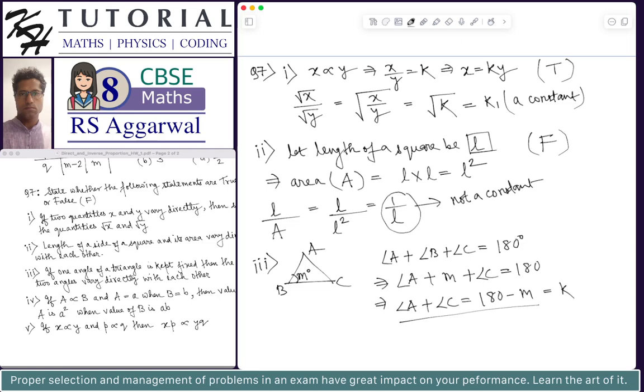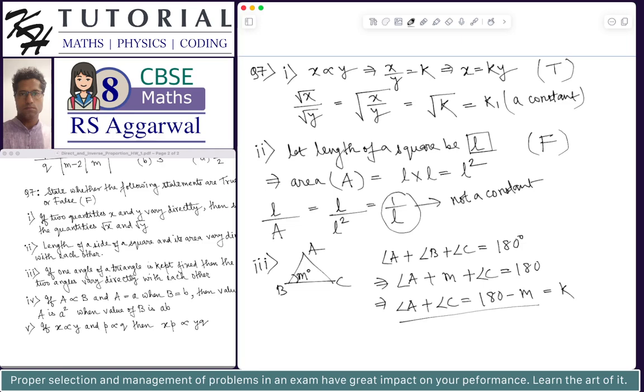Since 180 is a constant and m is also a constant, because in the given problem one angle is fixed, and if it is fixed it will not change, that fixed value we have assumed to be m degrees. So m is a constant, and obviously 180 minus m is also a constant, which we represent as k.